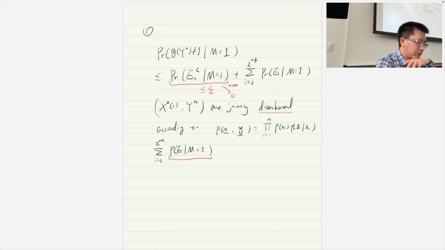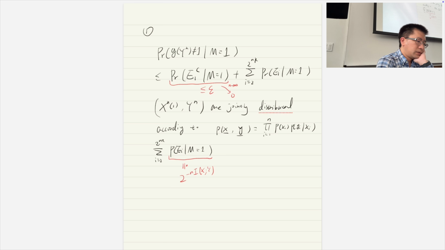What does that roughly equal to? Is it just like 2 to the negative n? Very good. And what? H of x plus... Almost. Mutual information, right? Remember, mutual information characterizes this probability and also the cardinality bound of it.